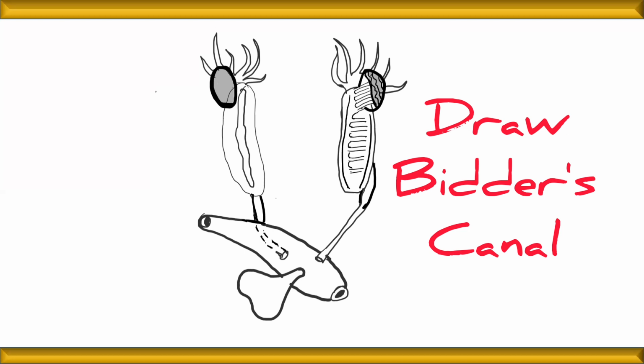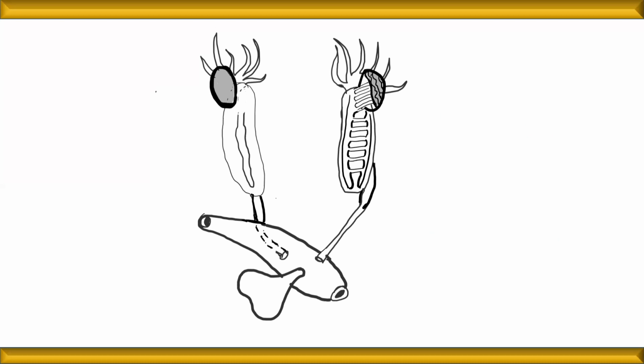Once that is done, darken these connections to give it enhancement. Similarly, draw it on either side. So here you can see the Bidder's canal completed.